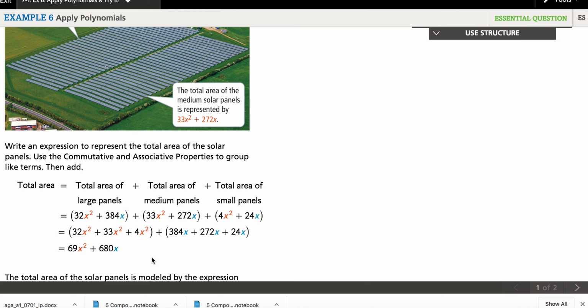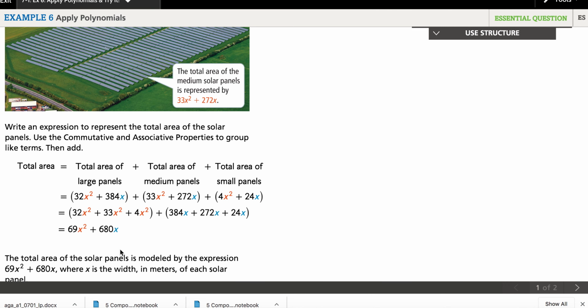And the total area is 69x squared plus 680x. So the total area of the solar panels is modeled by the expression 69x squared plus 680x, where x is the width in meters of each solar panel.